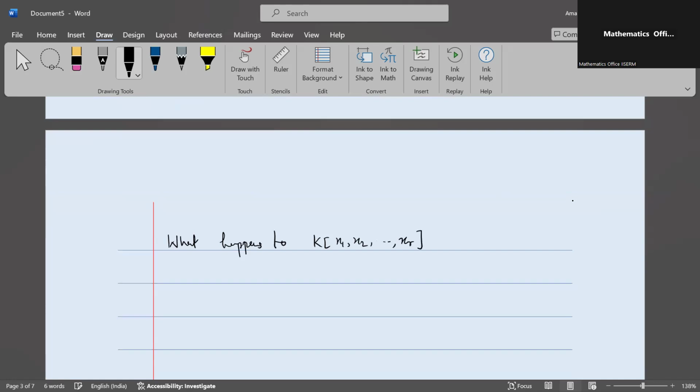I'm not writing polynomial in, because x1, x2, xr are algebraic elements, so we can write it like this; a round bracket or square bracket does not matter. This is a field. What I want to ask is, what is the degree of extension over k? How large is it? What is the dimension of this?